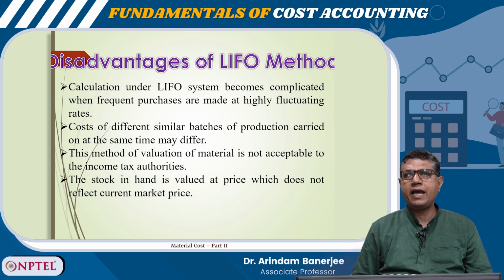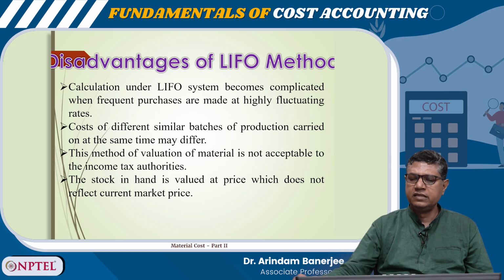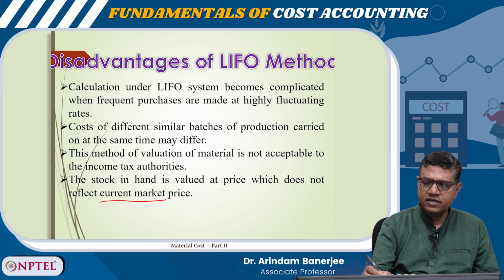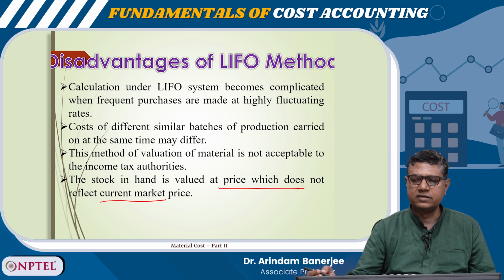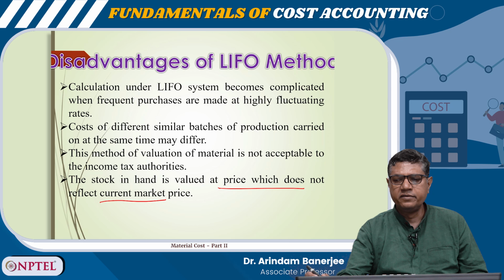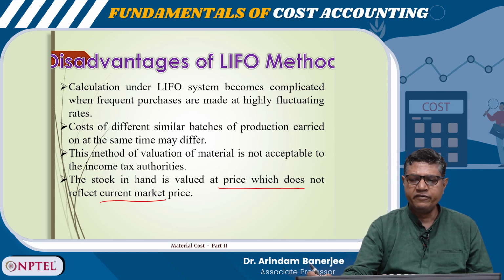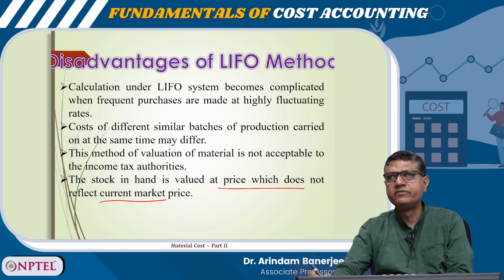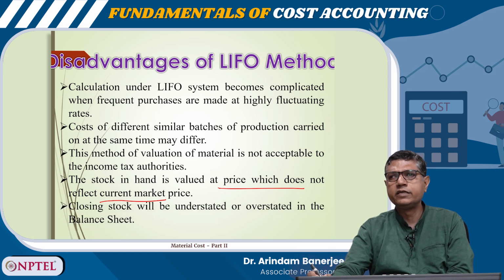The stock in hand is valued at a price which does not reflect the current market price. This is one of the biggest disadvantages, that it is far from the current prices, and if prices are fluctuating continuously, then it becomes very difficult. Closing stock will be understated or overstated in the balance sheet.